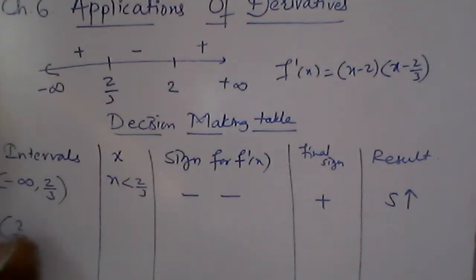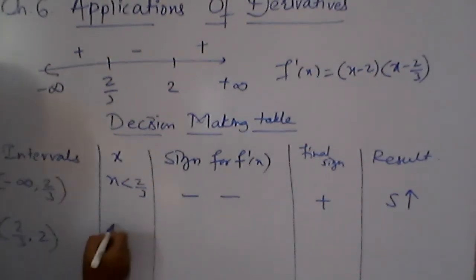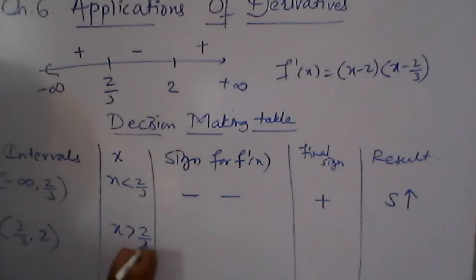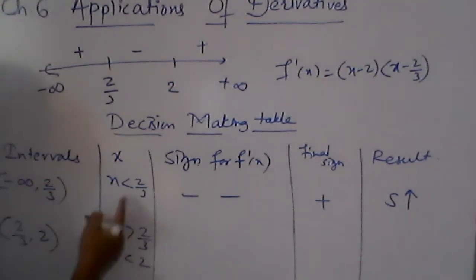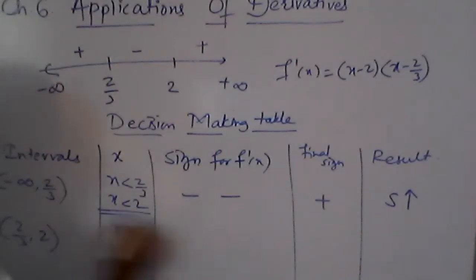Then in 2 by 3 to 2, x is greater than 2 by 3 but x is less than 2.